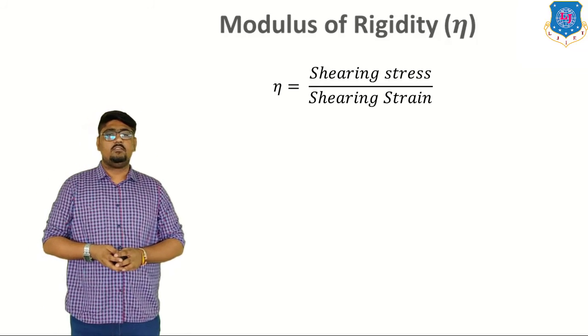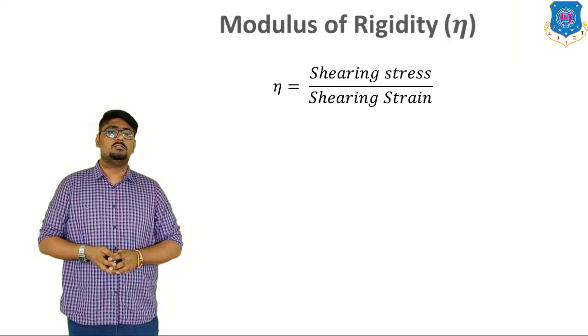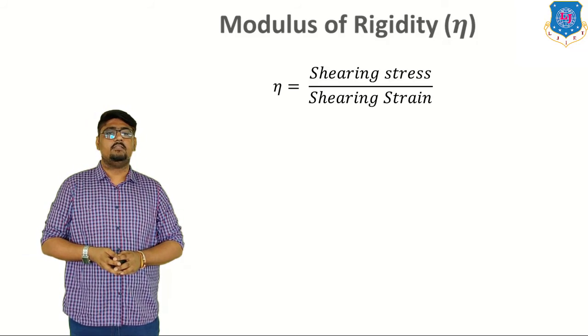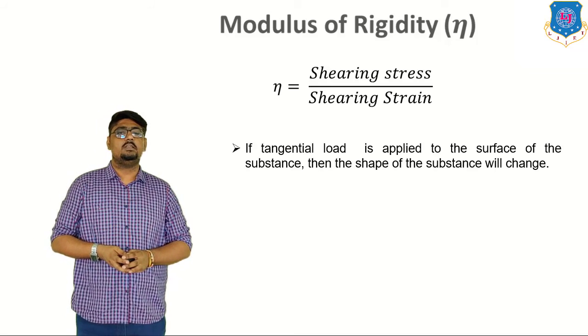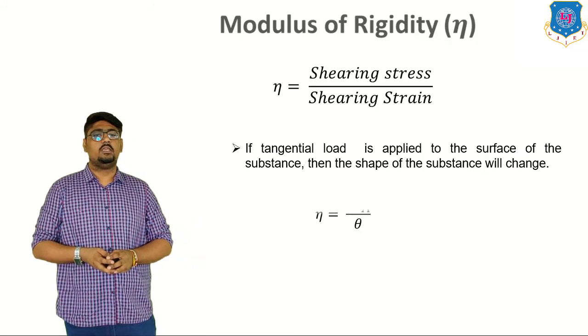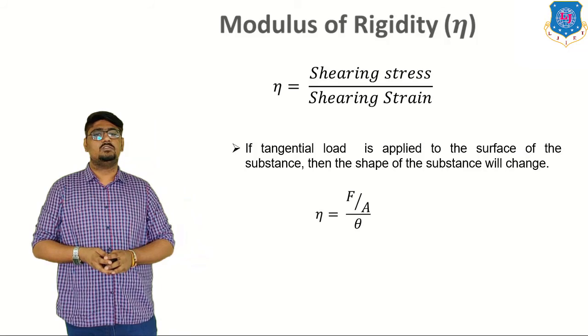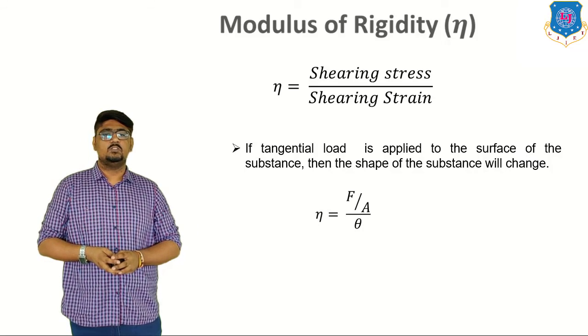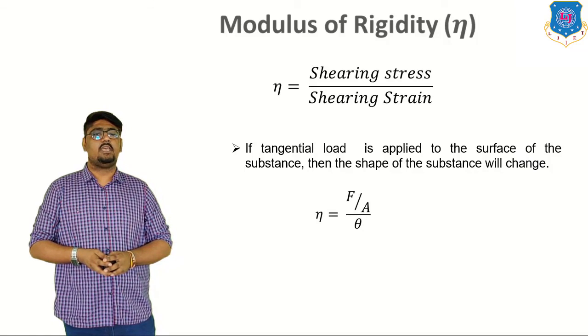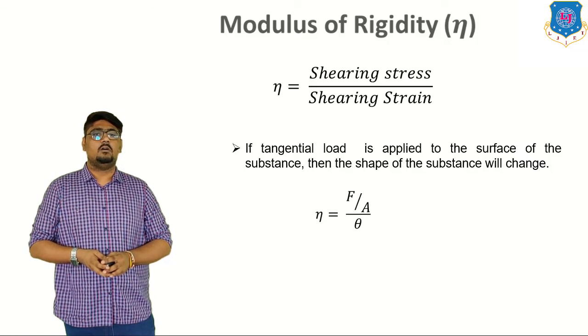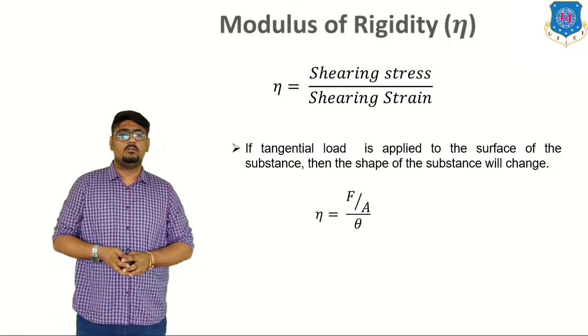If tangential load is applied to the surface of the substance, then the shape of the substance will change. So modulus of rigidity is given as force upon area, that is shearing stress, to the shearing strain, that is theta. So modulus of rigidity is given as F upon A theta. Also the unit is Newton upon meter square.